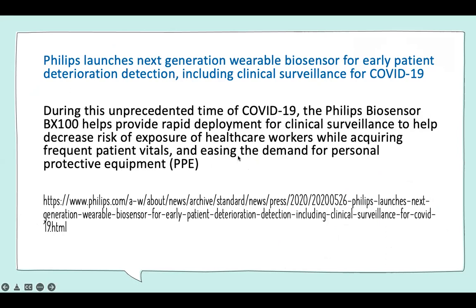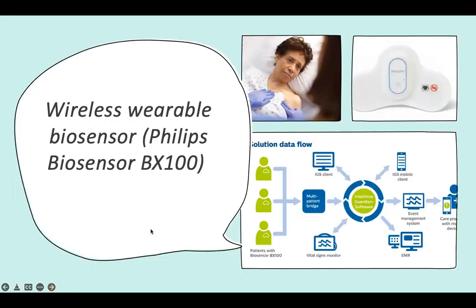So Philips has developed a biosensor called BX100, which provides rapid deployment for clinical surveillance to help reduce the exposure of health workers. It means they come out with a device that they can put on the patient's body, so at least some vitals can be monitored outside the patient's room.